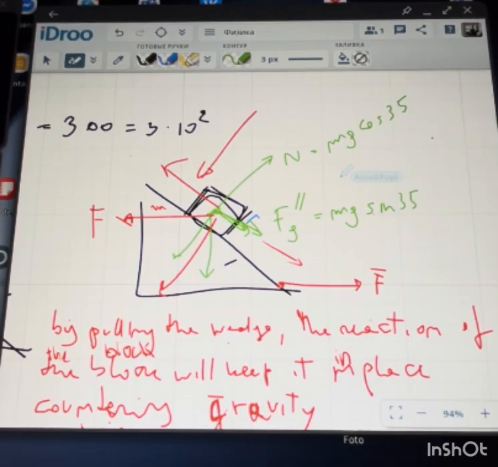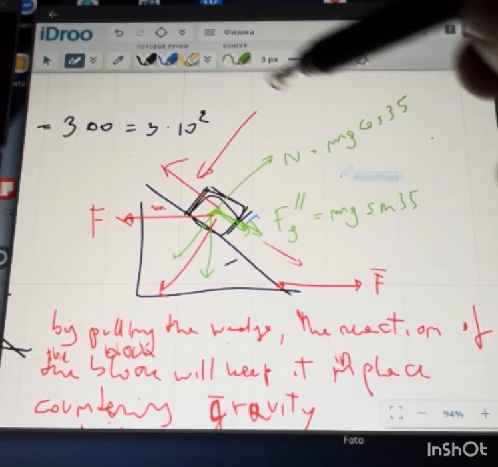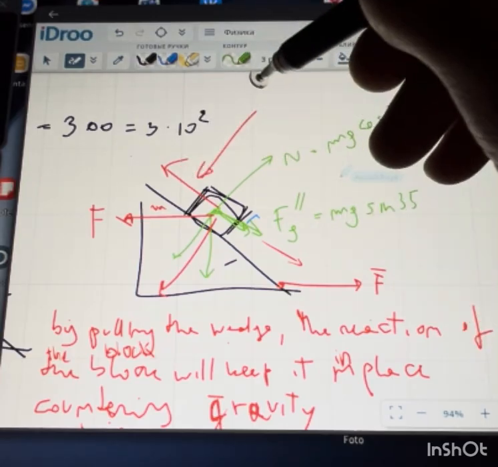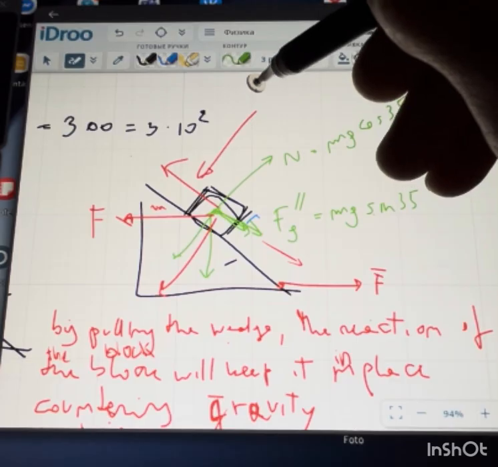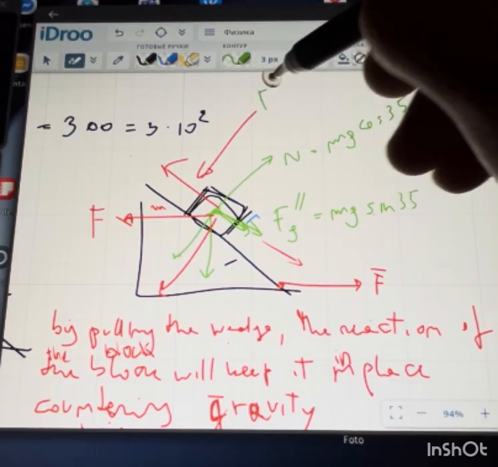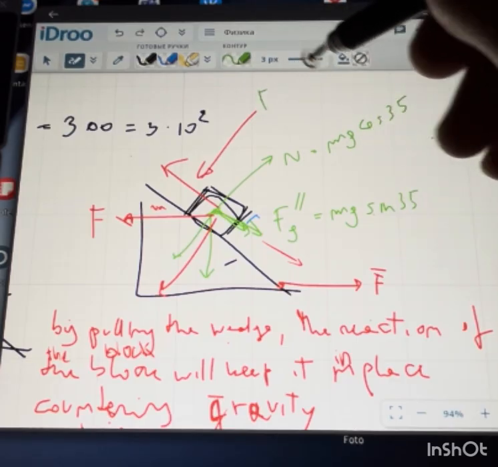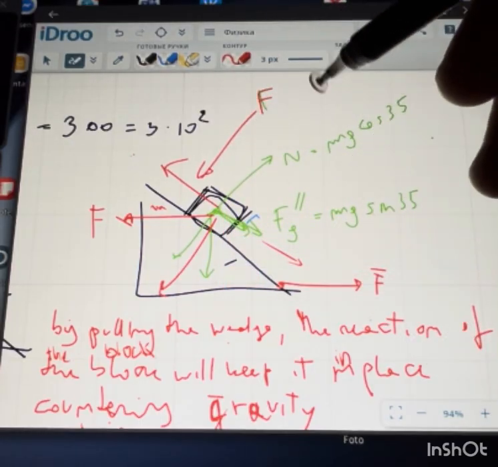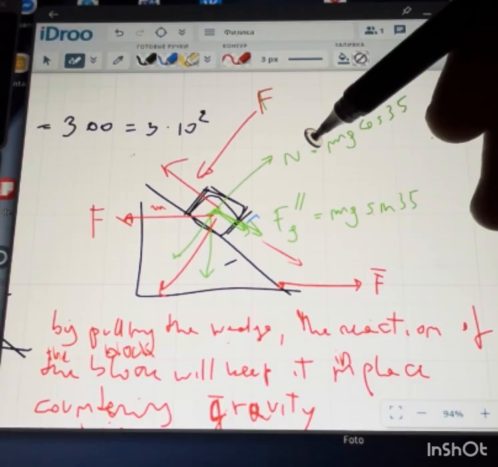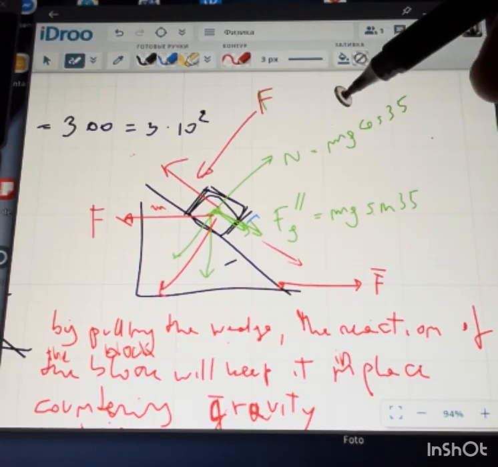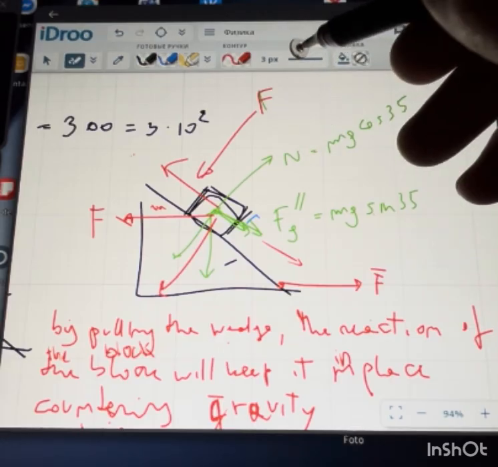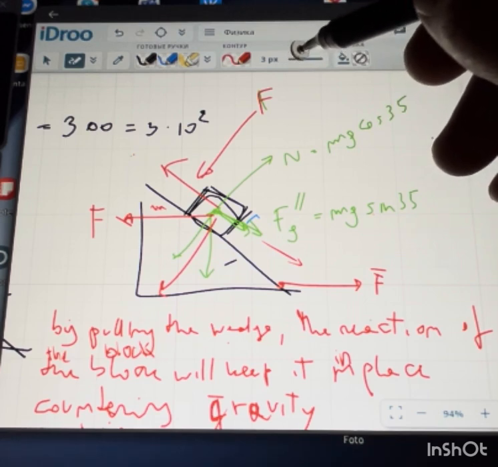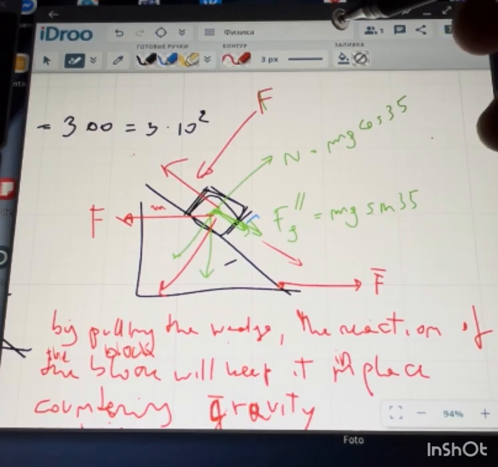And this is exactly what this red thing here must be: F times what? Fg, so mass times gravity, times sine 35. That's gravity.